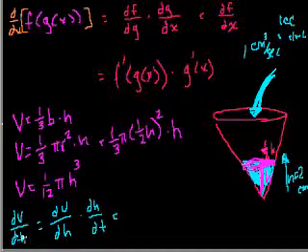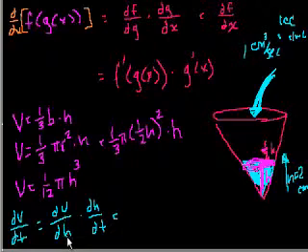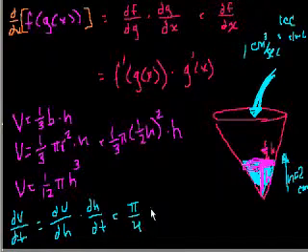So dV/dt, the derivative of V with respect to t, is equal to the derivative of V with respect to h. Well, that's easy. The derivative of V with respect to h is just, so 3 times 1/12, right? That's 3/12, that's 1/4 pi. So we could just write pi over 4 h squared, right? So that's this part. And then let me change colors.